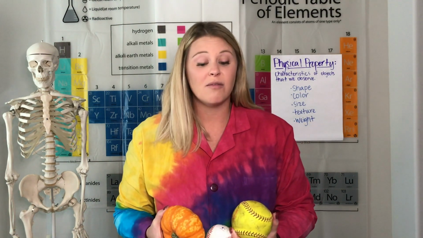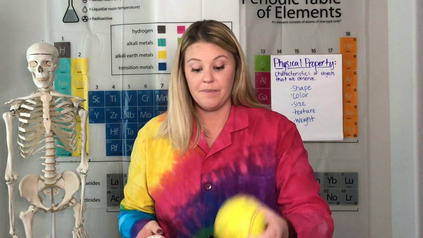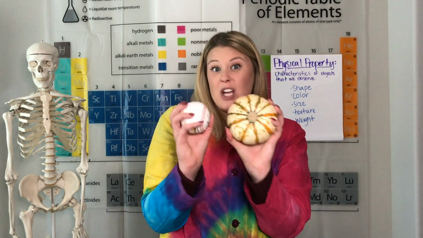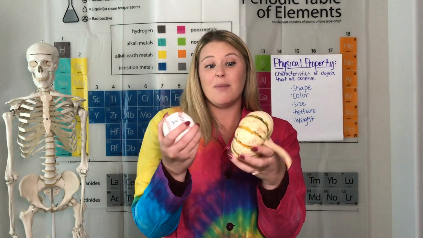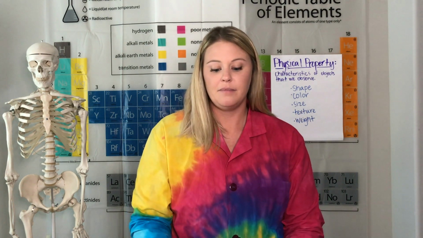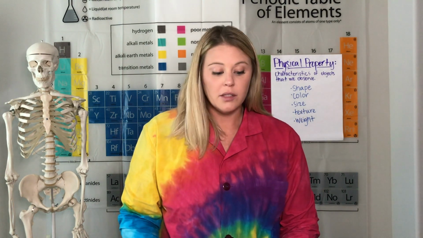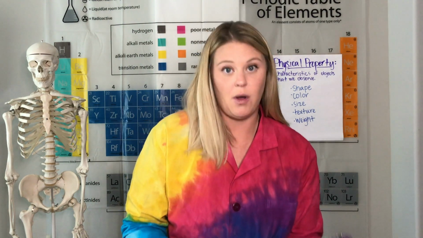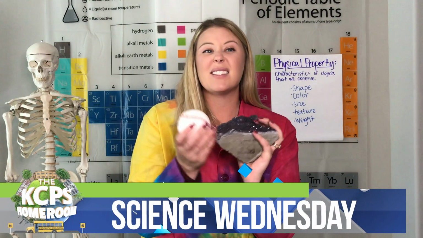But then I could also say, these two objects have a similar physical property that they both have white on them. Or I could say that these two objects have a similar physical property because they're really heavy.